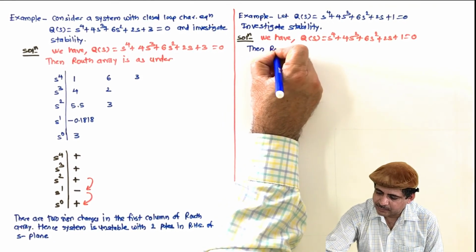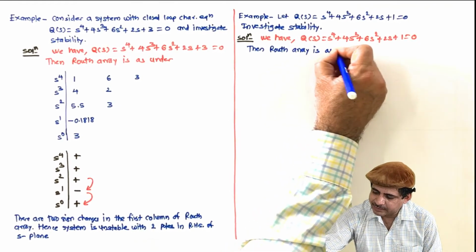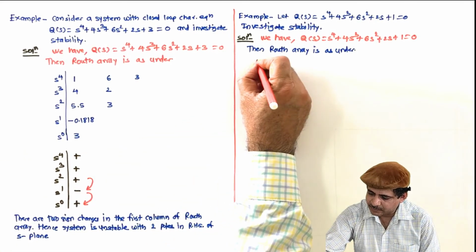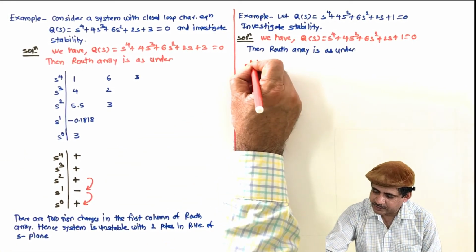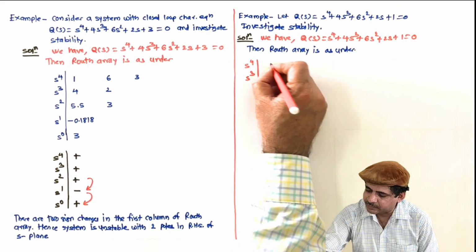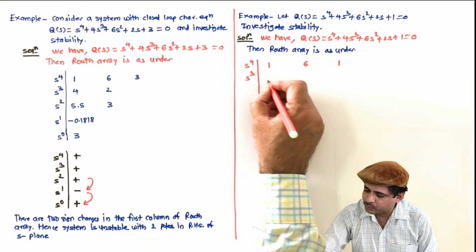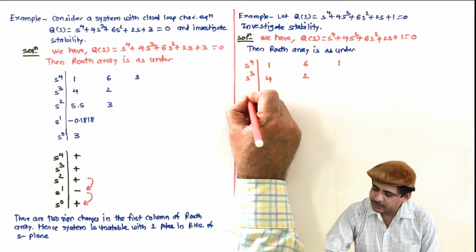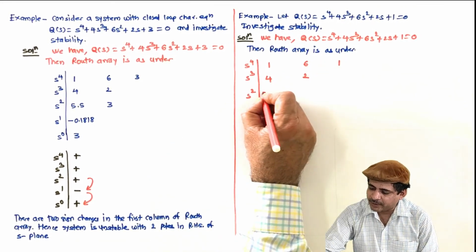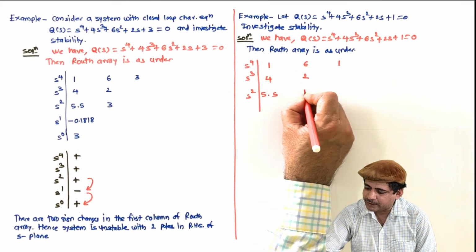Then the Routh array is as under. S raised to 4, s cube. So s raised to 4 will be 1, 6, 1, and s cube will be 4, 2. Then s square: 24 minus 2, 22 by 4, 5.5, and here you will get 4 into 1, again here you will get 1.